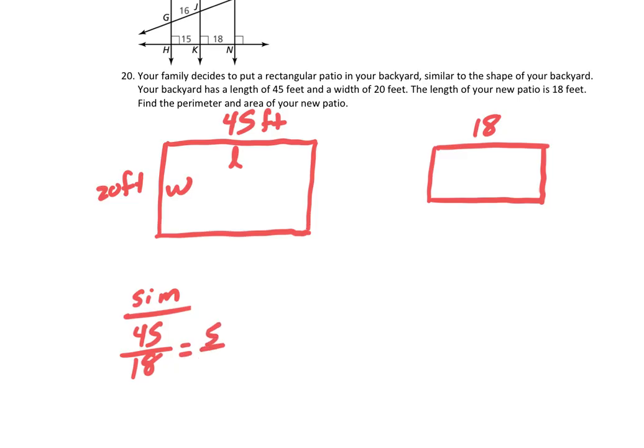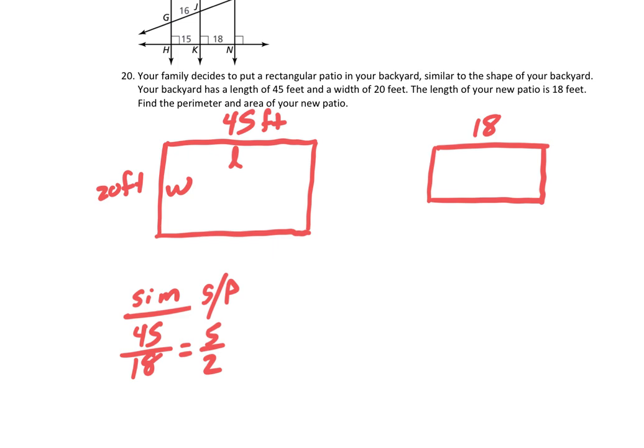So I could reduce that to be 5 over 2. Okay, this ratio is what we call our similarity ratio or the perimeter ratio. I can use it for side lengths or I can use it for perimeter. But that's all I can use it for, okay?